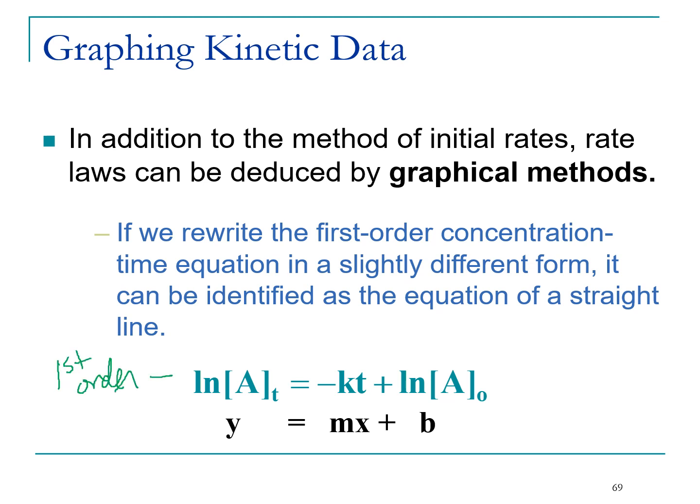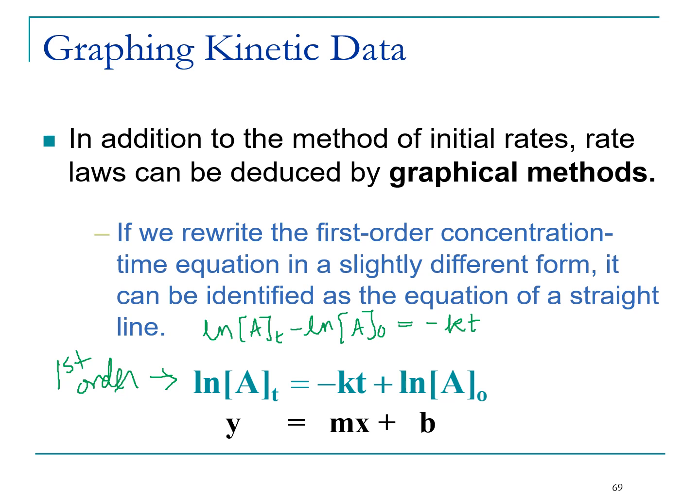This is the first order rate law. Remember, it was originally the natural log of A_t minus the natural log of A naught equals negative kt. All I've done is move the natural log of A naught onto the right hand side to get it in the form y equals mx plus b.